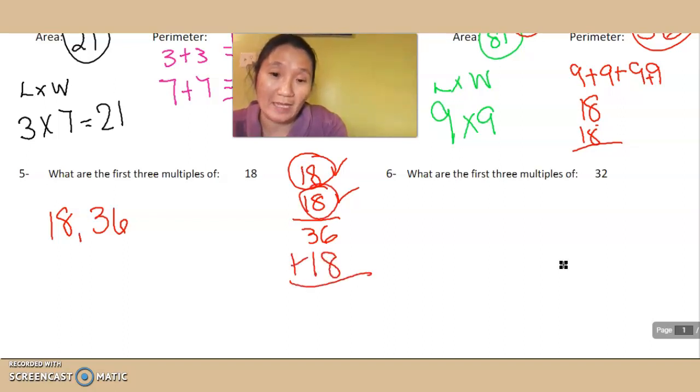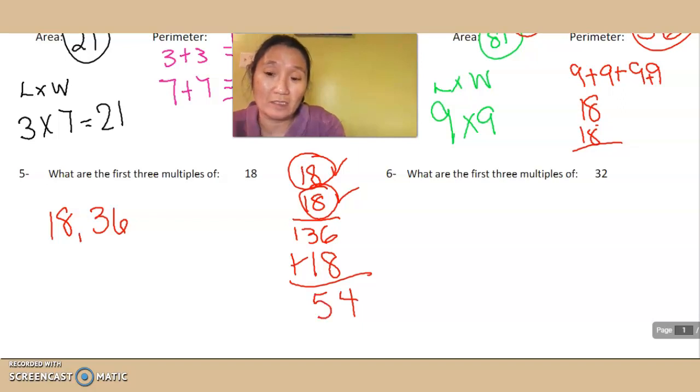So 18 plus 36, excuse me. 8 plus 6 is 14, carry the 1, so 3 plus 1 plus 1 is 5.